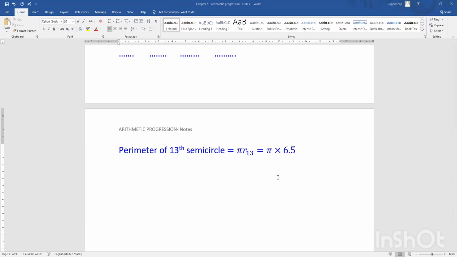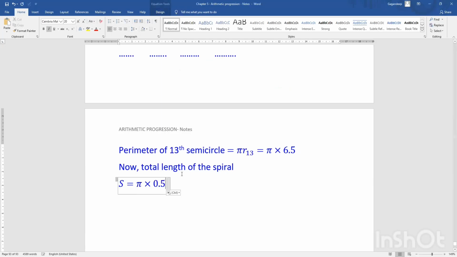So here, now the total length of the spiral equals S, which is nothing but pi into 0.5 plus pi into 1.0 plus pi into 1.5 plus so on, plus pi into 6.5.